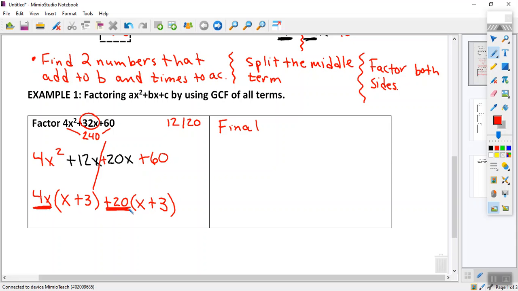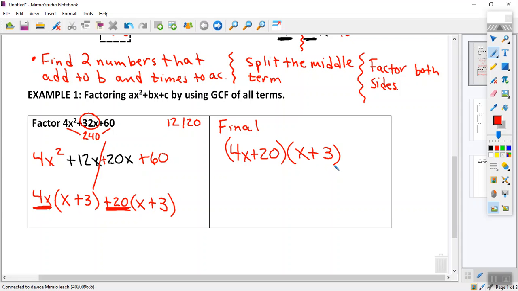So the two parts out in front of parentheses in factored form is going to look like this. You're going to call it 4x plus 20. And those were the two terms out in front of what? Times x plus 3. We take x plus 3 times 4x, and we take x plus 3 times the 20 there.